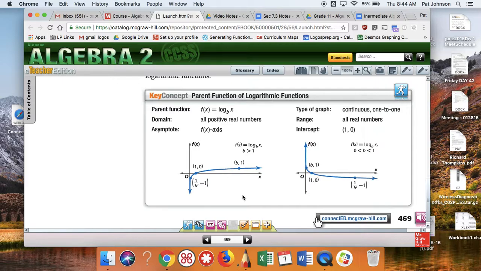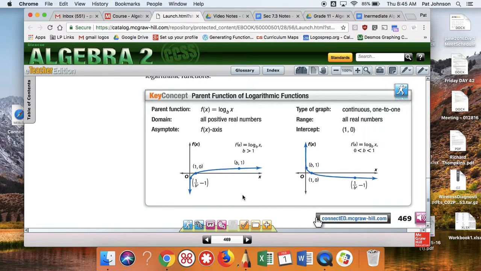It has an asymptote, but instead of the asymptote being the x-axis, it's the y-axis, or we can say x equals 0, because that's the line of the y-axis. It's continuous, and it's 1-to-1. You see it passes a horizontal line test, which means its inverse is also a function.